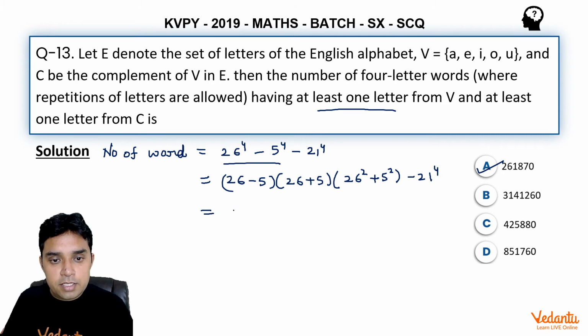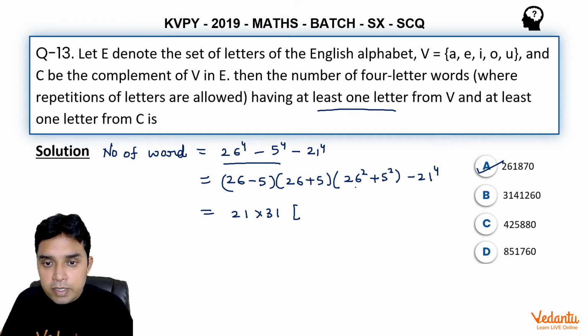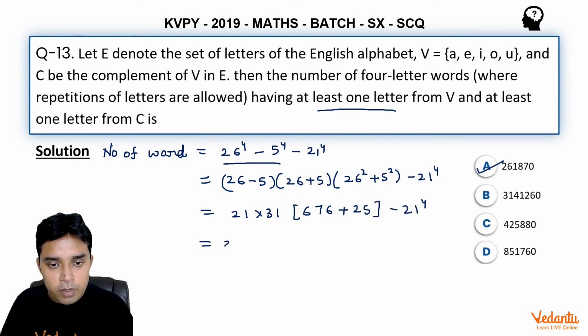This becomes 21 into 31, and 26 square plus 5 square: 26 square is 676, yes, plus 25, minus 21 power 4. So if I take 21 common, this will be 21 into (31 into 701 minus 21 cube).